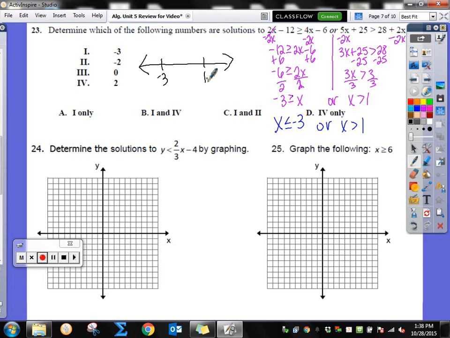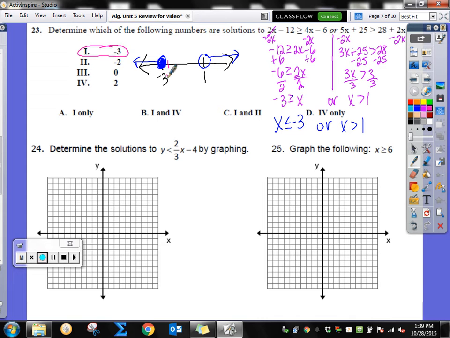And it is less than or equal to negative 3. So that's a closed circle at negative 3, and then greater than 1. Now I'm going to plot these points so that I can see. At negative 3, we see that it is a closed circle, so negative 3 would be a solution.